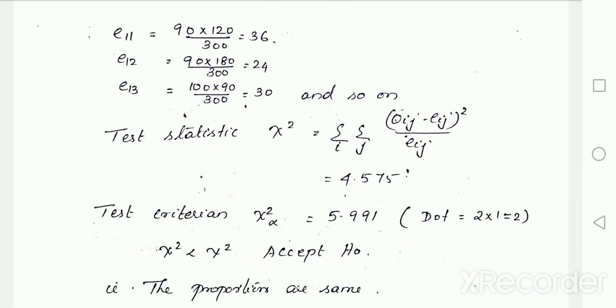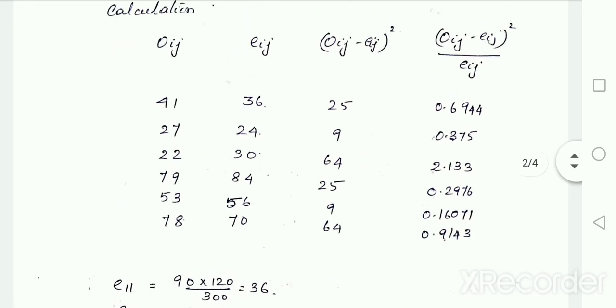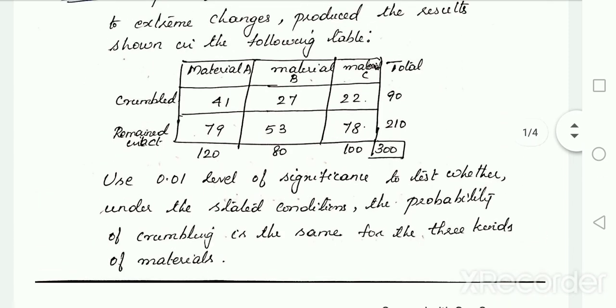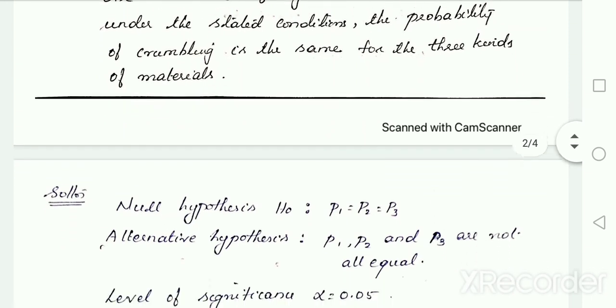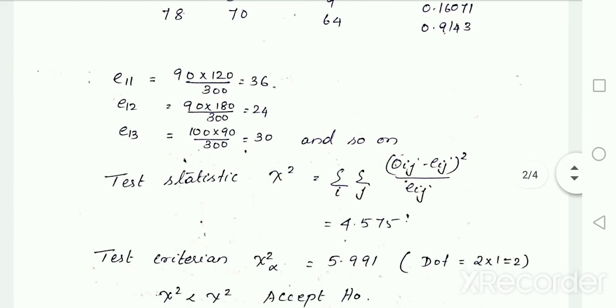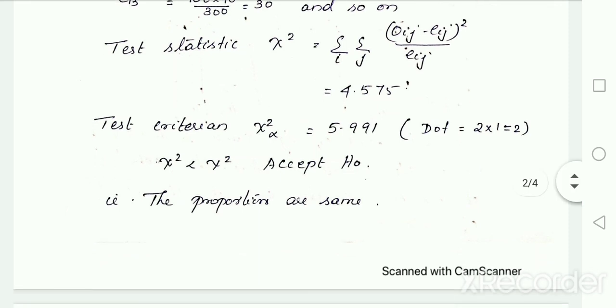Also for the rejection criteria, we have to calculate chi-squared alpha comma (r minus 1) into (c minus 1). Here again r is 2 and c is 3. So 2 minus 1 is 1, 1 into (3 minus 1) is 2. So we need to check in the table chi-squared 0.05 comma 2, and here we get the value 5.99.